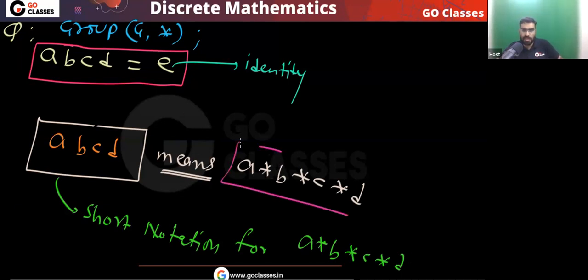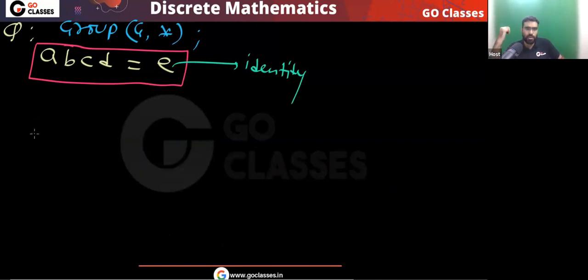Anyway, now let's see this. Here you can easily notice that ABCD is equal to E. So from here, what will be A inverse?